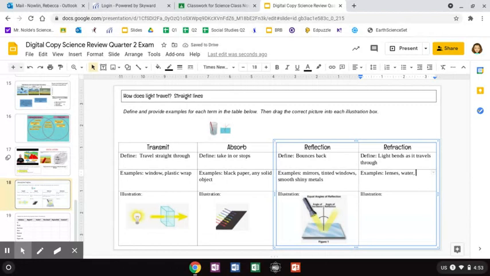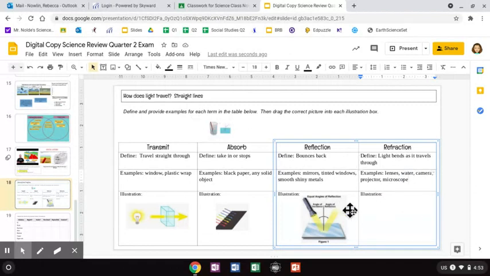And then so if lenses refract, then anything that has a lens is going to refract. So a camera, a projector, a microscope, anything that has a lens is going to refract. And lots of tools that use lenses like microscopes and projectors actually use both reflection and refraction. But the lens part of them, the part that lets the light through and bends it, is the refraction part.